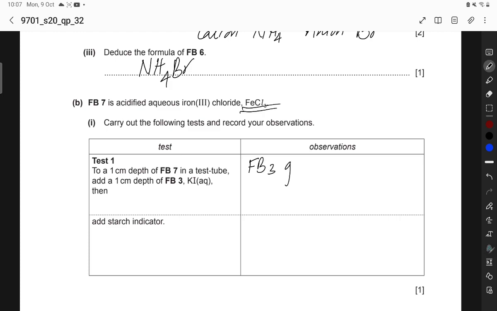FB3 gives a red brown solution. So a red brown solution of iodine, because iodine is displaced from potassium iodide, so a red brown solution is observed.